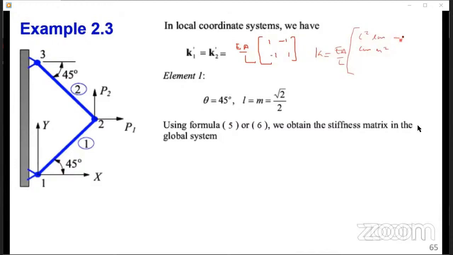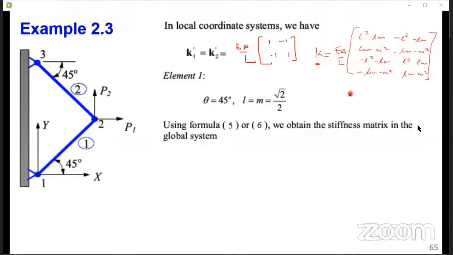So we can start with the main diagonal, then minus L squared, minus LM, minus LM, minus M squared, and then of course the main diagonal again, L squared, LM, LM, M squared. This is the equation that we need to use to obtain the global matrices, so K1 global, K2 global.